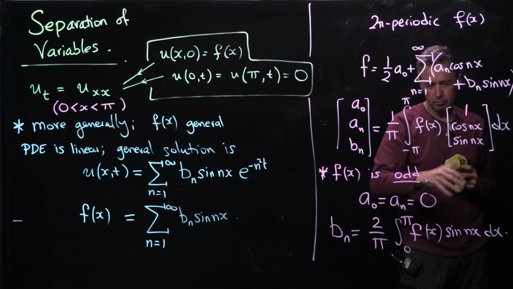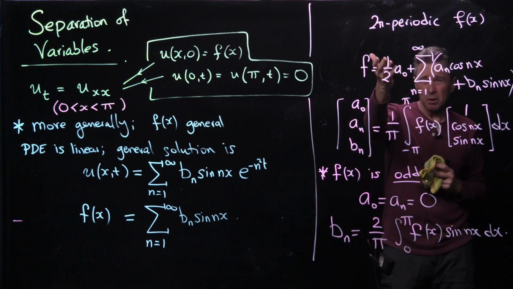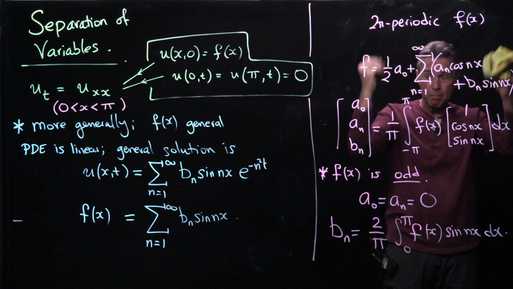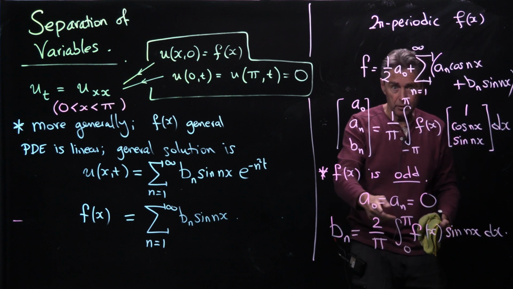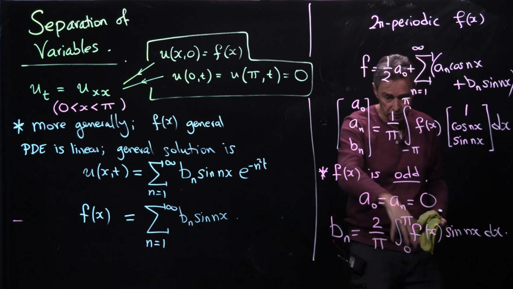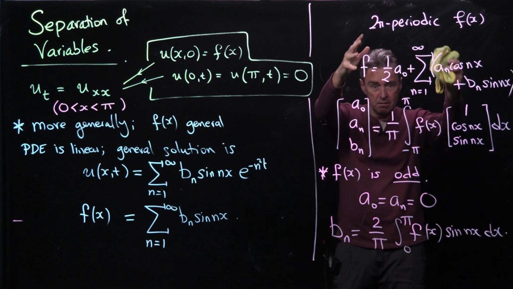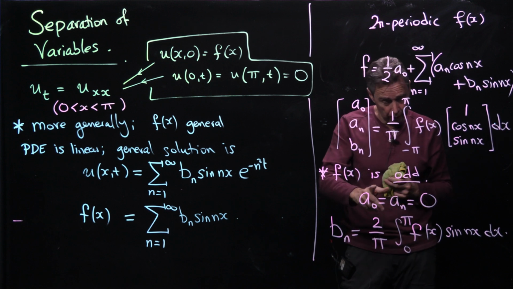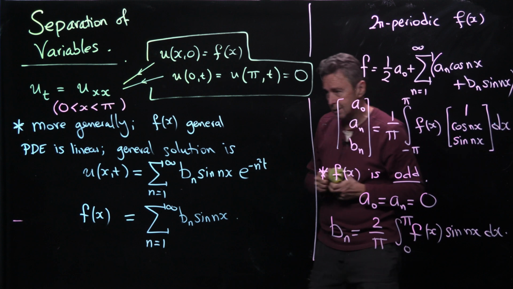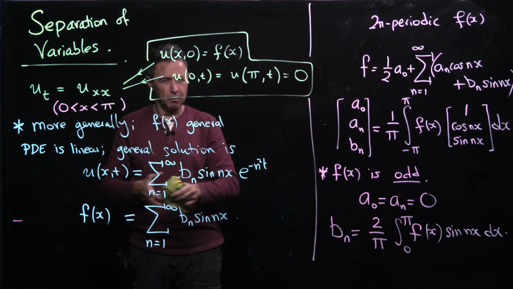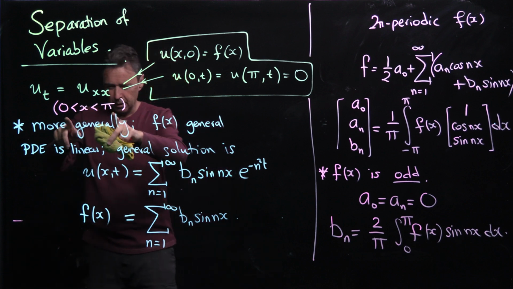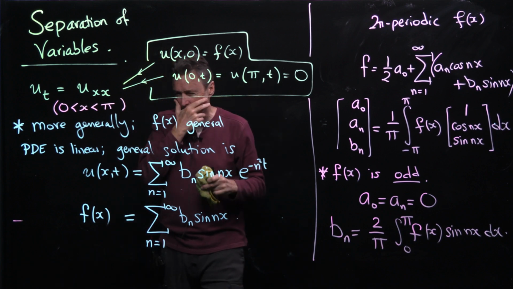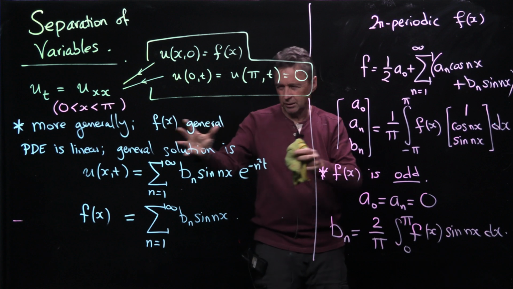The Fourier series theory just applies when I have a function that's 2 pi periodic. And if it happens also to be odd, then I know that I don't have the cosine and the constant in the Fourier series. So this is something where I'm thinking about periodic functions, but they're odd. Over here, I don't have any statement about periodicity. I've got something that's defined only between 0 and pi, and it should vanish at the ends. It seems as though I've got two separate problems here.